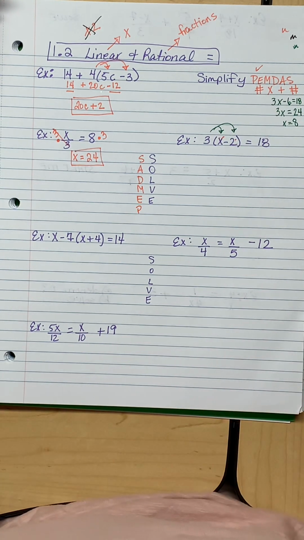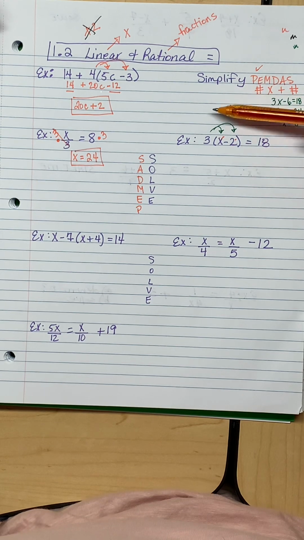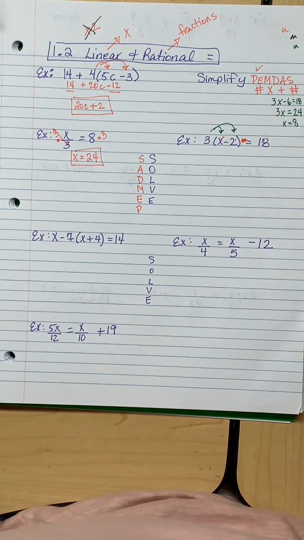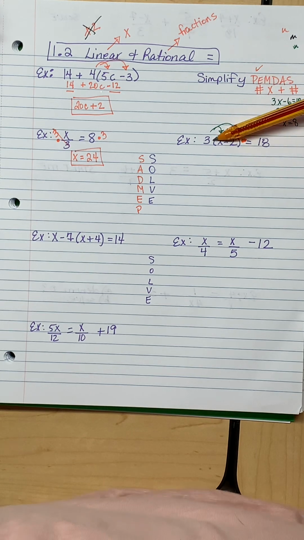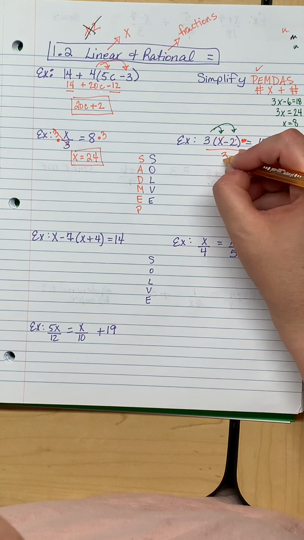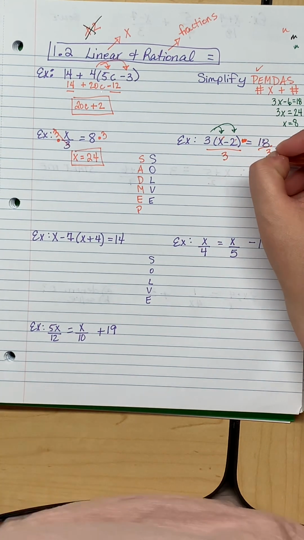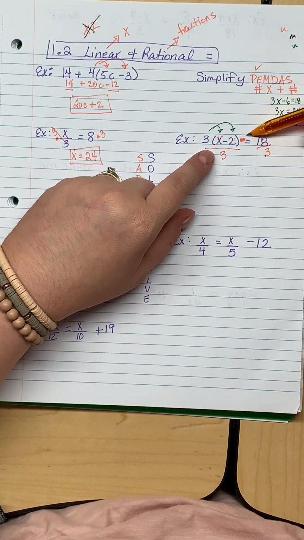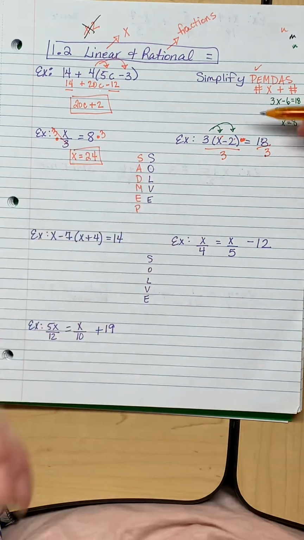But this one's kind of nice because there's nothing to the right of this second set of parentheses. Instead of distributing, we could just divide by this 3 right here. We can only do this because there's nothing after this second set of parentheses.